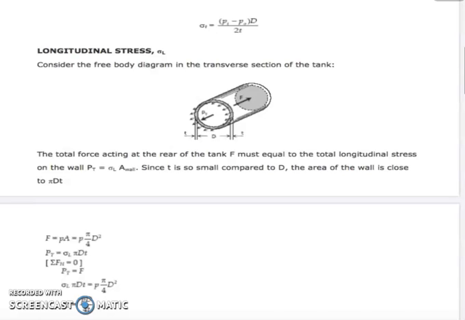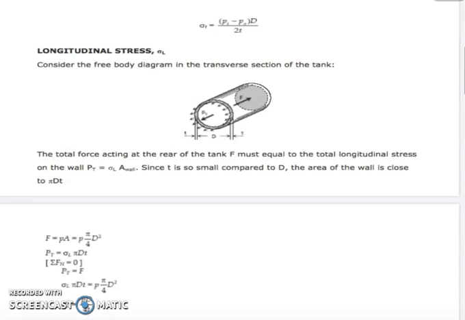That is denoted by capital letter F, and it should be equal to the total longitudinal stress on the wall, which is denoted by P sub T. And P sub T is equal to stress multiplied by the area of the wall. Since the thickness is very small compared to the diameter of the tank, the area of the wall is close to pi times diameter times the thickness.